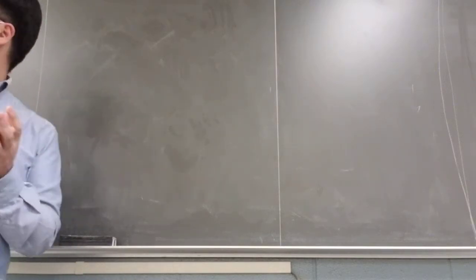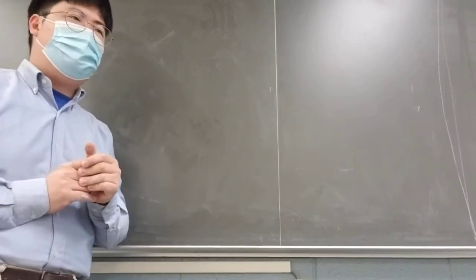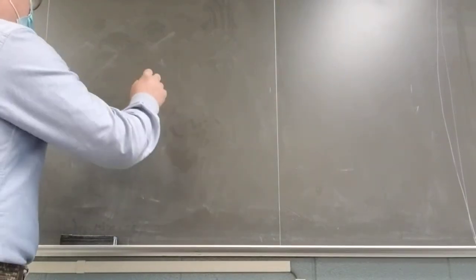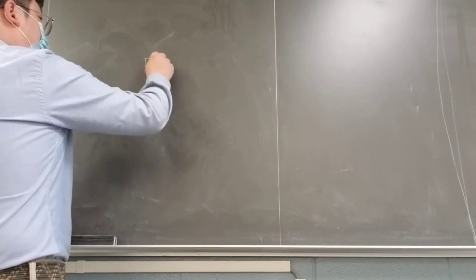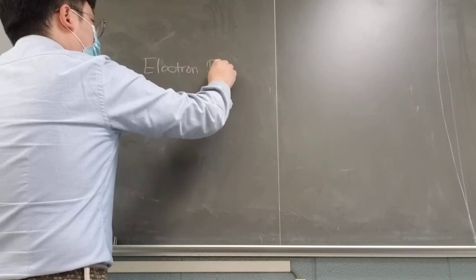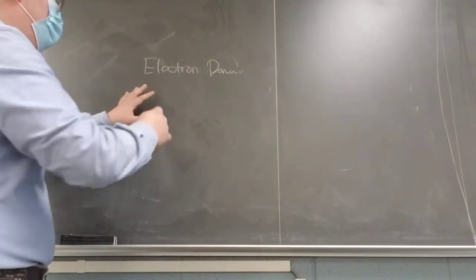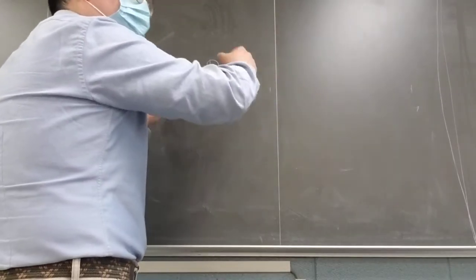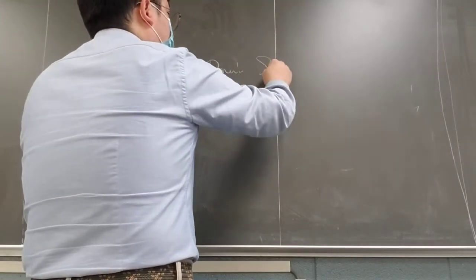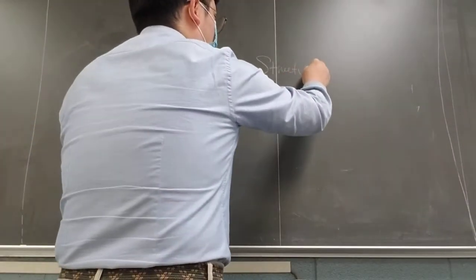Here's the thing. One of the things you have to remember is from, I think it's Jenkins 2, I'm not sure if it's Jenkins 1. Anyway, you have an electron domain. There are many other names too, but this is one of them: electron domain, electron density, electron region structure.